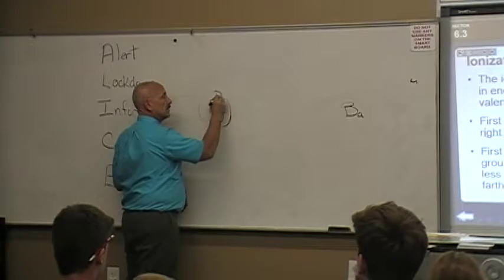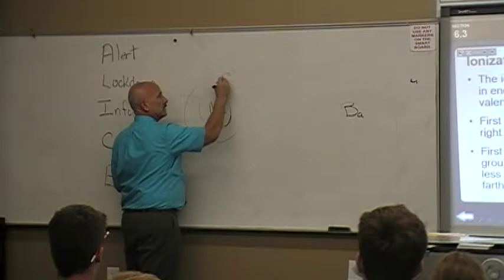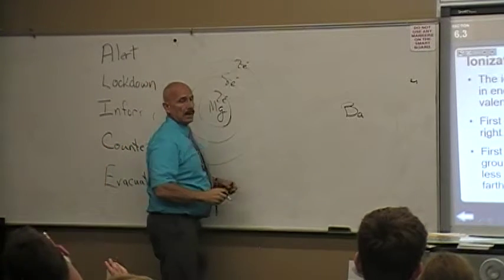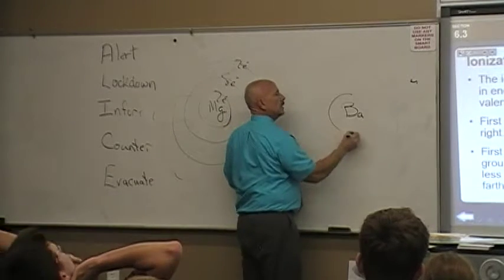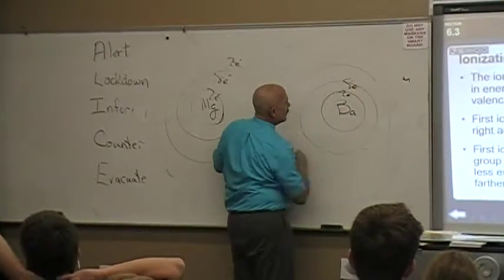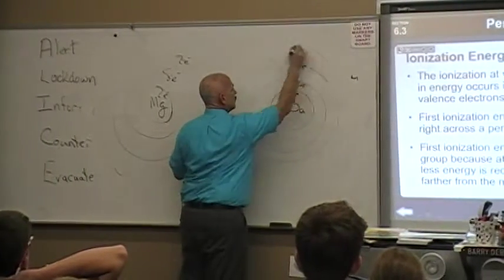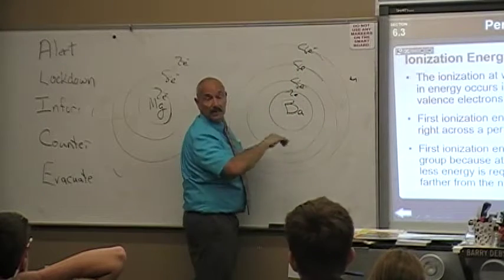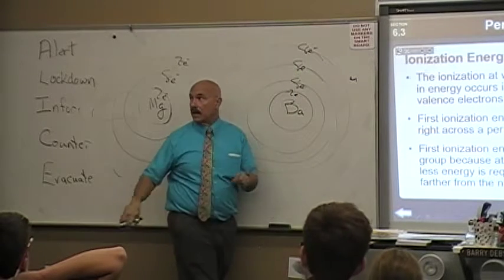So I got 2, 8, 2. How about barium? 2, 8, 8, 8. There's more than this. There's a lot more because I'm not putting in my d orbitals and all those things down there.